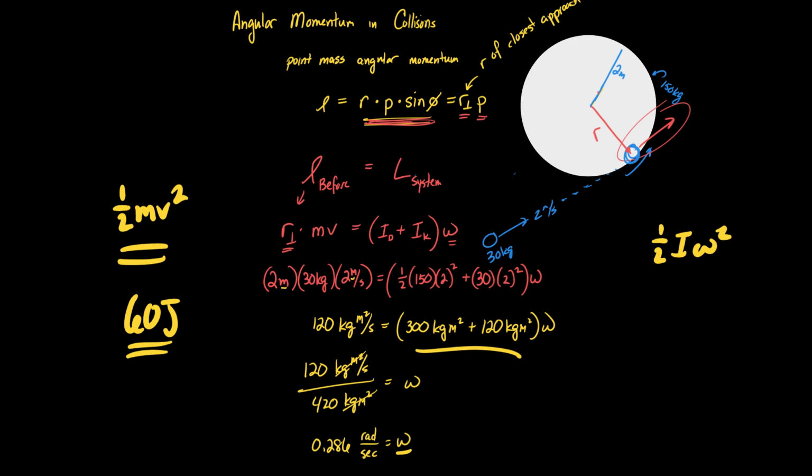I did 1/2 times 420 times 0.286 squared. Let's see. 0.286 squared is 0.081796 times 420, which gives me 34.35 times 0.5, which gives me 17. Yeah, I'm pretty happy with 17.